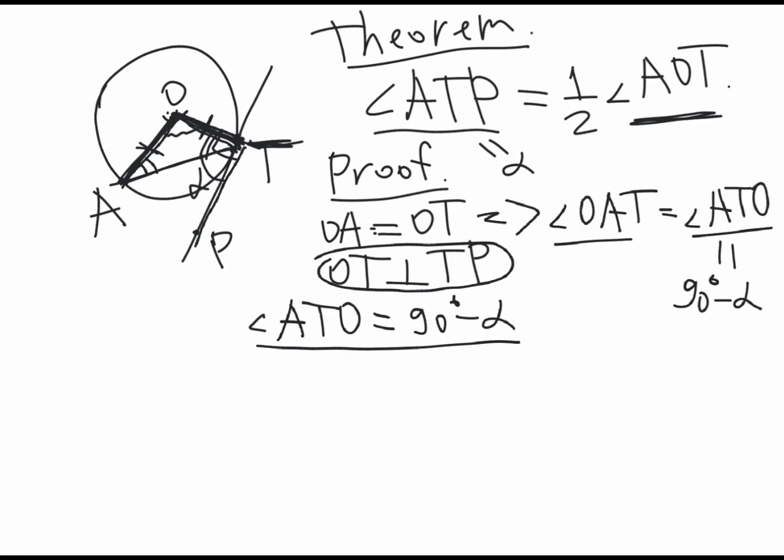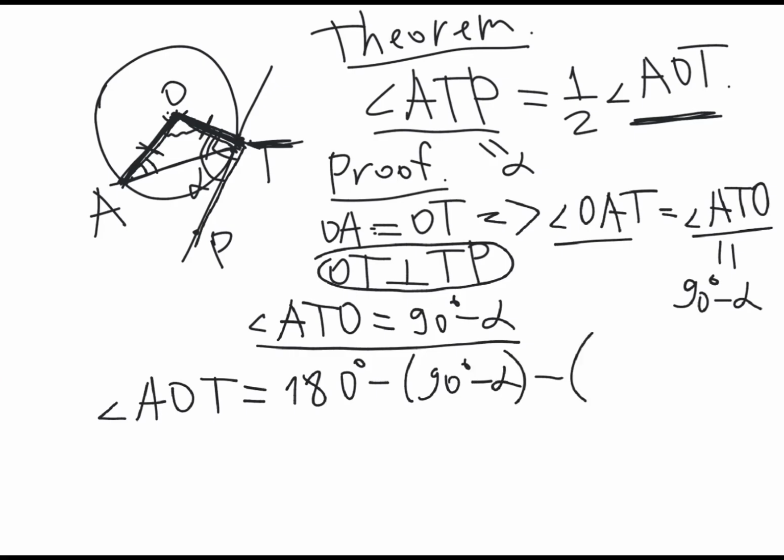Okay, so now in the isosceles triangle AOT, we can express the third angle using the sum of angles in a triangle. So the angle AOT is equal to 180 degrees minus the sum of two other angles, so minus (90 degrees minus alpha) and minus (90 degrees minus alpha).